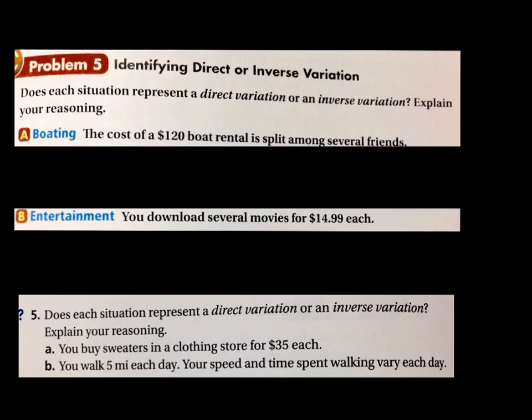All right, now let's look at an example of finding out whether it's inverse or direct variation. The cost of a $120 boat rental is split among several friends. When you look at that and you actually put yourself in those people's shoes, you're going to take the number of friends times the money each friend pays, and that's going to be $120.